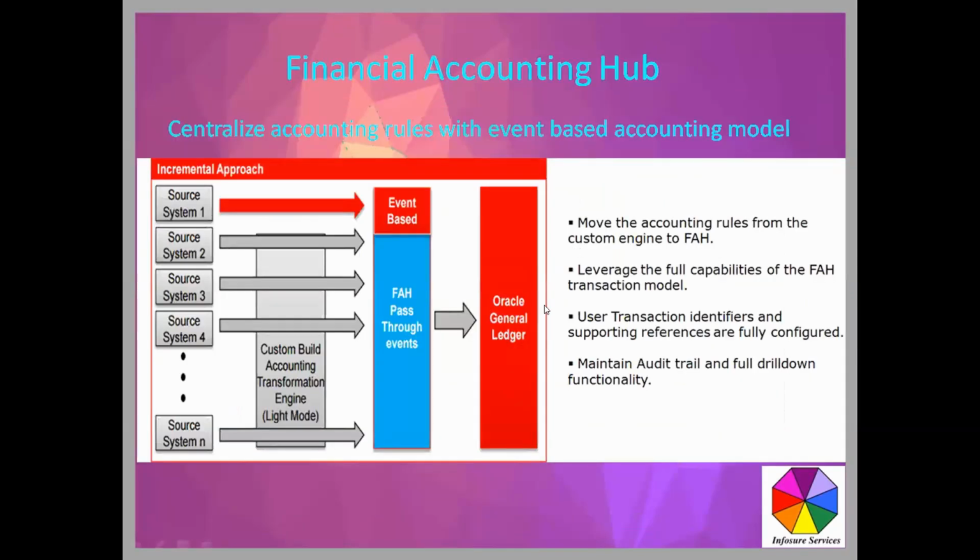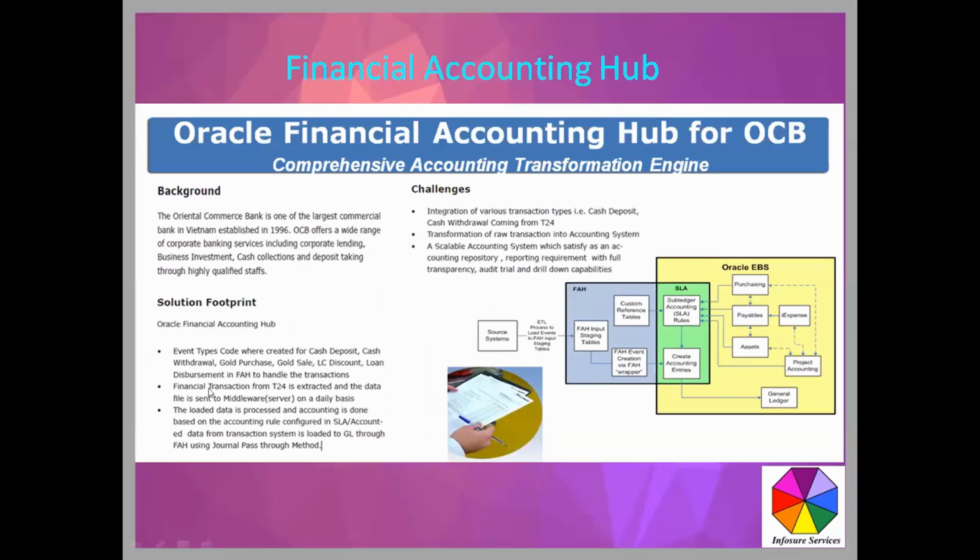This is a similar approach. This is the same product implemented for a bank in Vietnam, the Oriental Commerce Bank. There are other source systems like loans, deposits, gold purchase, and financial transactions from T24, another banking system, Temenos 24.